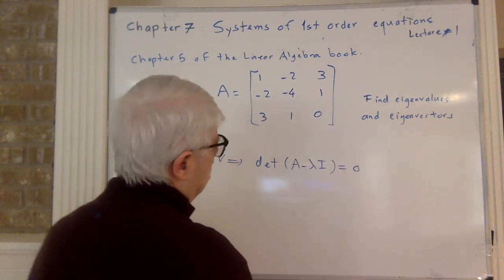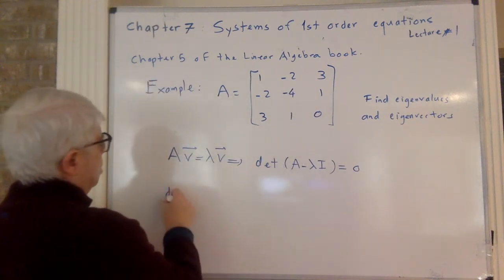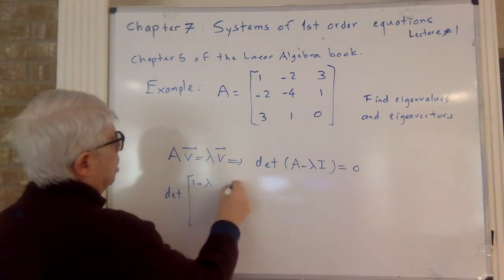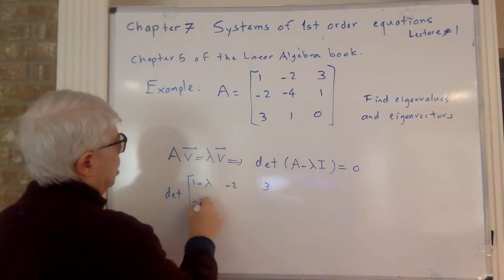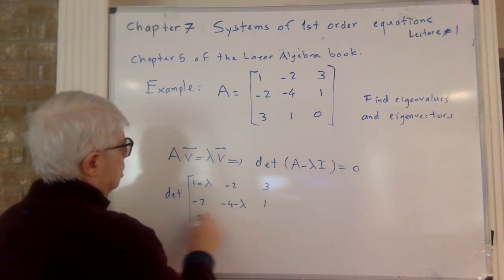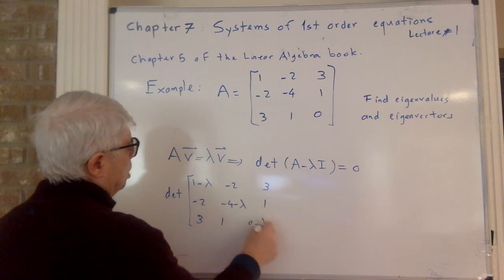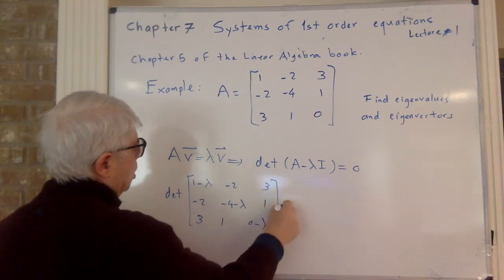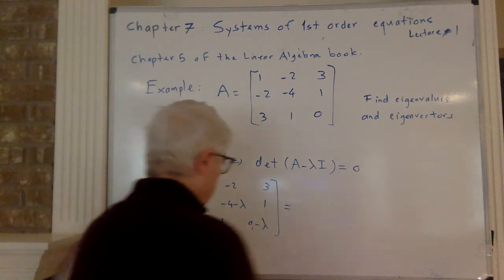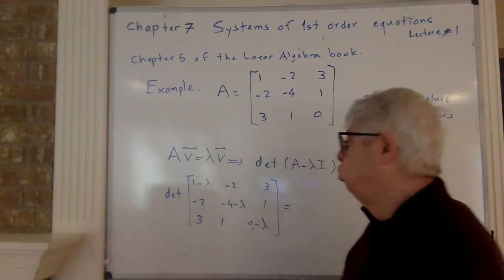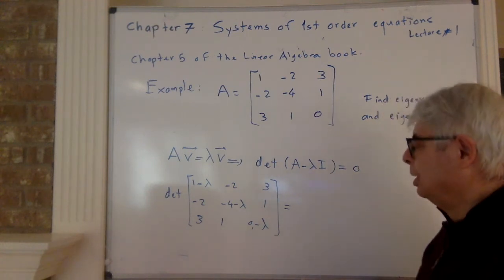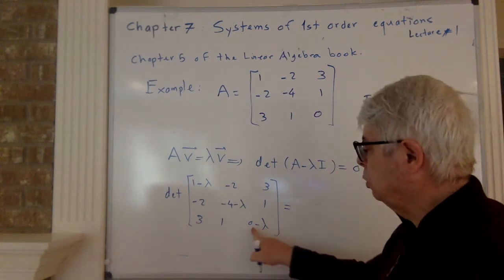And remember, this equation is simply the determinant of this matrix: 1 minus lambda, minus 2, 3; minus 2, minus 4 minus lambda, 1; 3, 1, 0 minus lambda, which is just minus lambda. This is just a full way, except this one is 0.